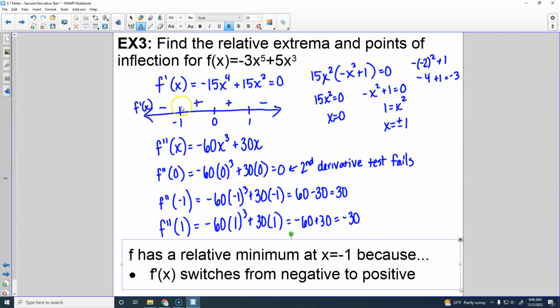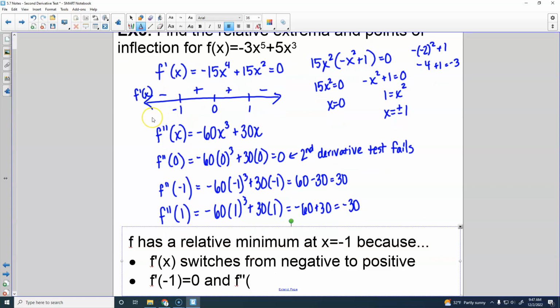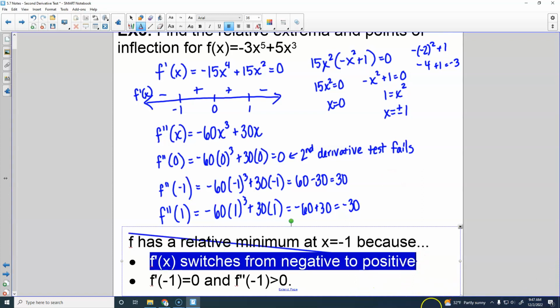That's what we've been doing before now, right? Or you could say f prime of -1 equals 0 and f double prime of -1 is greater than 0.